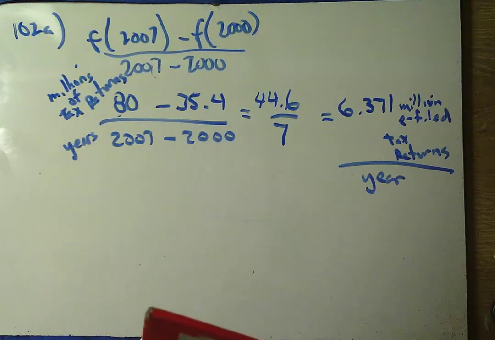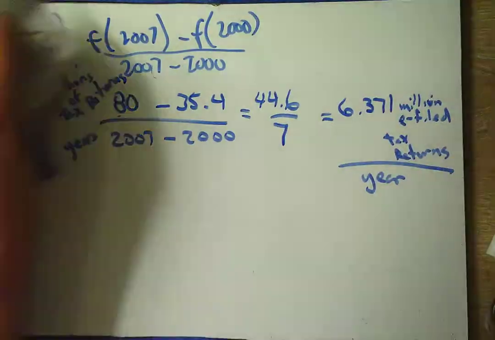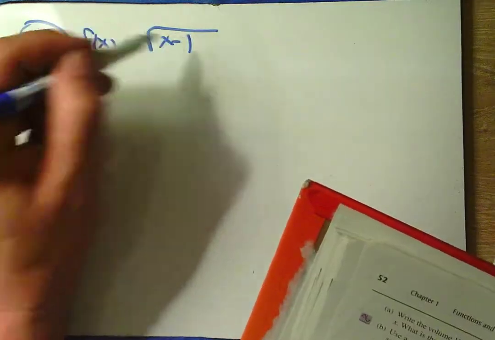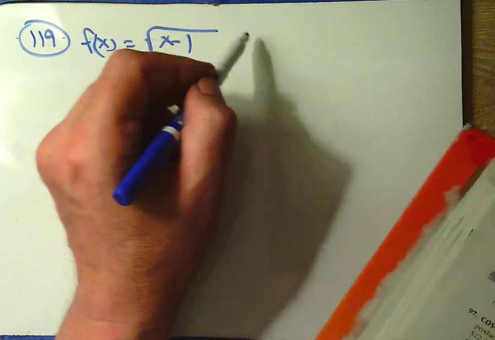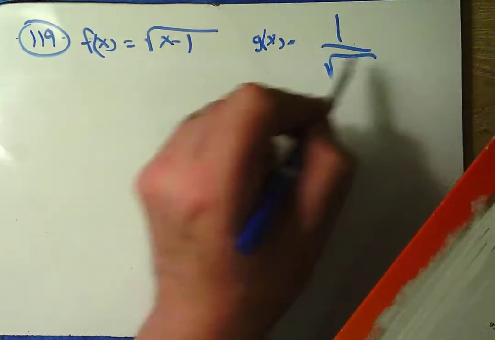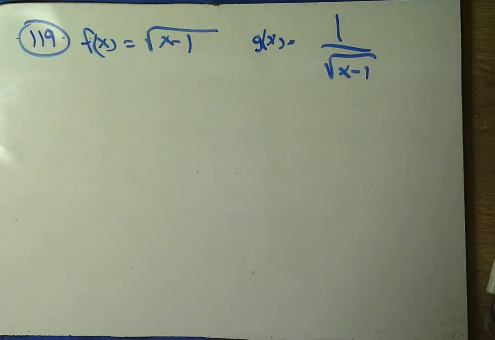Okay, there's 102A. What about 119? 119 says, think about it. F of x equals the square root of x minus 1, and g of x equals 1 over the square root of x minus 1.